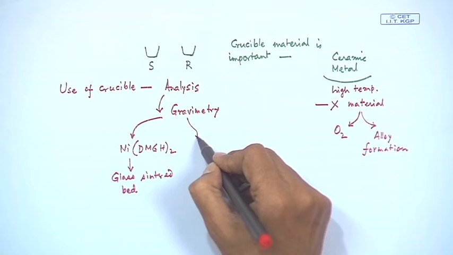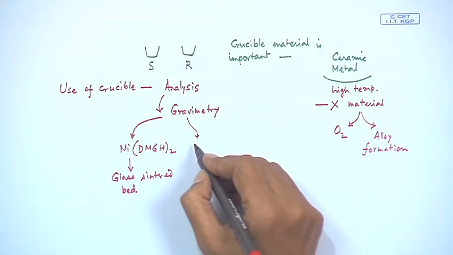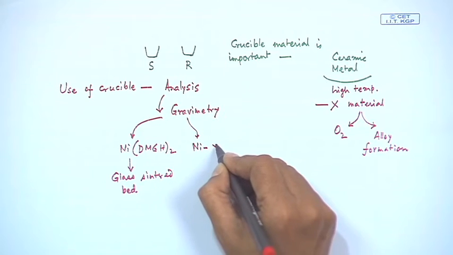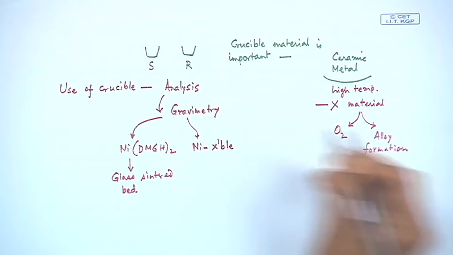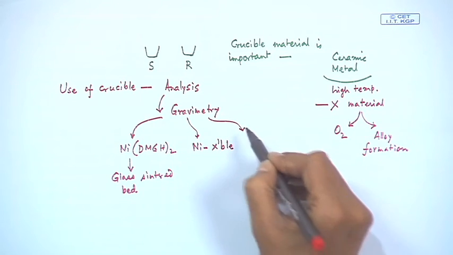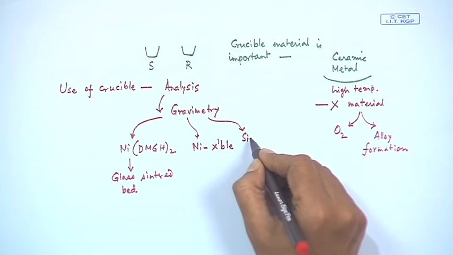Then we can have some material, some fusion reaction we can do on a nickel crucible. So, a nickel crucible can also be useful. Then we can have a silica crucible.